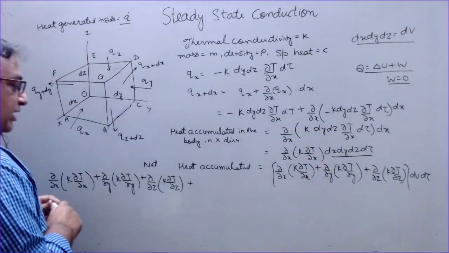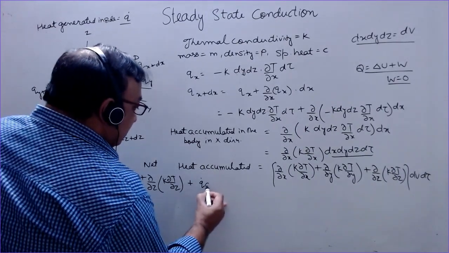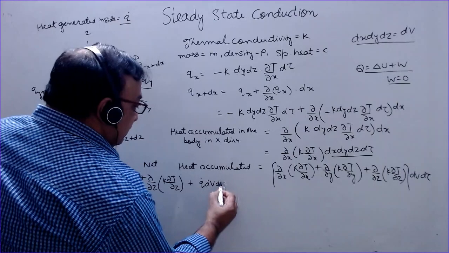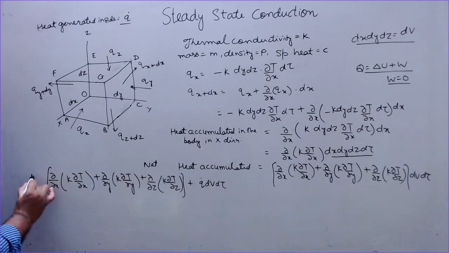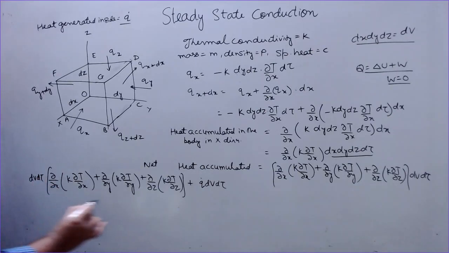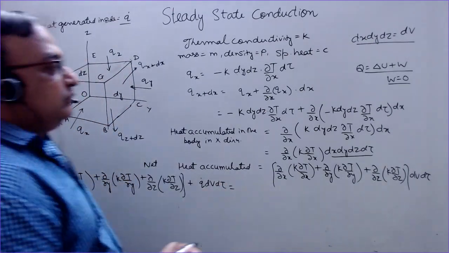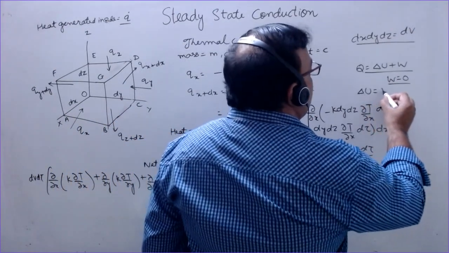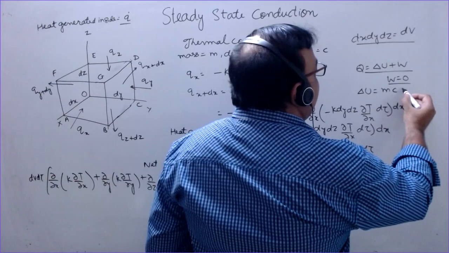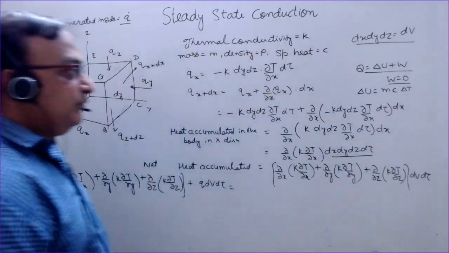So how much is the heat produced? Q dot per unit of volume per unit of time, and this is also to be multiplied by volume and time. This must be equal to, what is delta U? The change in internal energy is equal to mass into specific heat into delta T per unit of time.